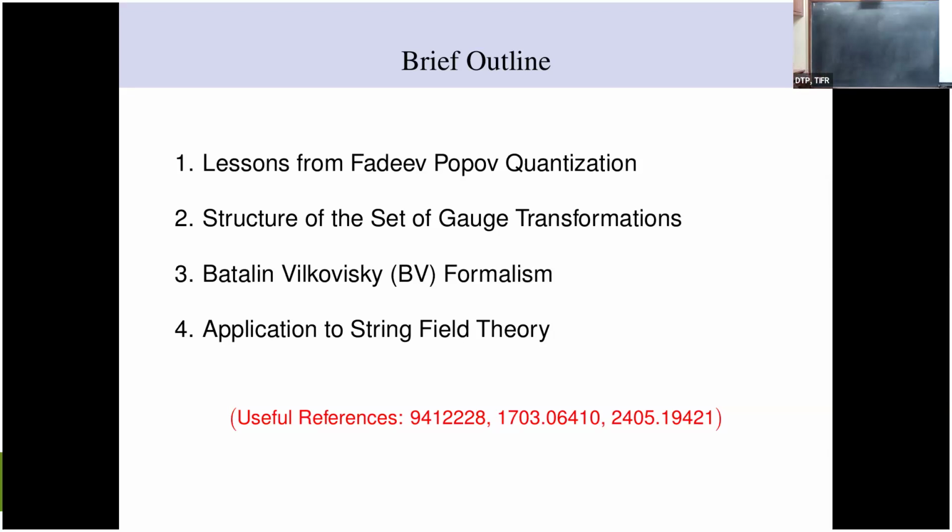It will just be quantum field theory. But once you have a good understanding of BV formalism, then it's a very trivial step to apply it to string theory. String theory is so powerful, so rich that it automatically has every ingredient required by BV formalism. So the main thing is to understand this framework, and then we can very easily apply it.